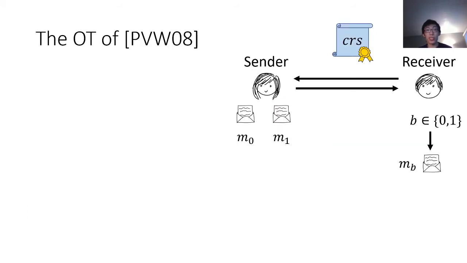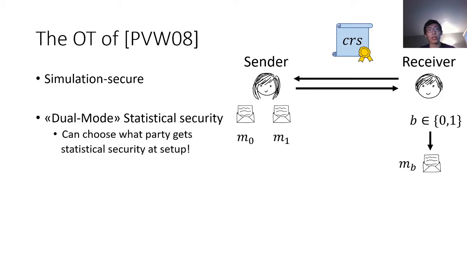So what do they achieve in this PVW paper? They show how to build a simulation-secure OT that has a dual-mode security property. What does that mean? It means that there are different ways to set up the CRS, but the rest of the protocol remains the same. And depending on how the CRS was sampled, the security guarantees are different.